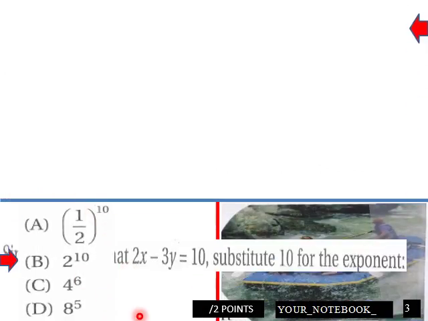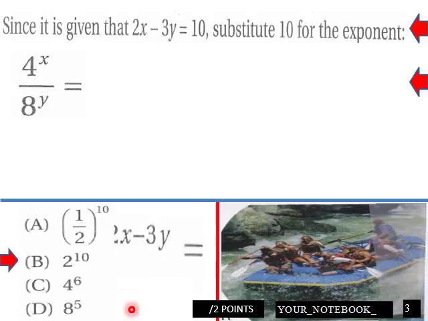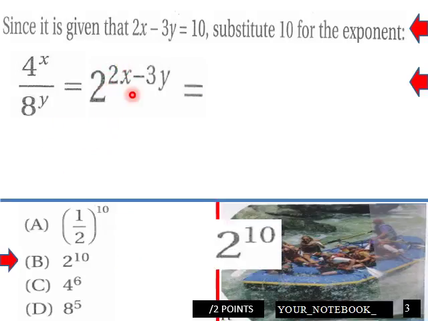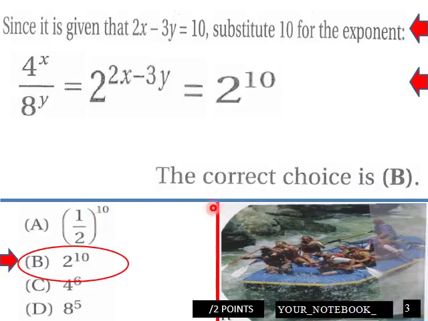Here are our solutions. Since it is given that 2x minus 3y equals 10, substitute 10 for the exponent here. 2x minus 3y equals 2 to the 10th. So that would be a solution for that, 2 to the 10th.